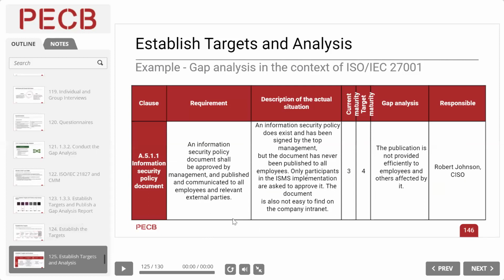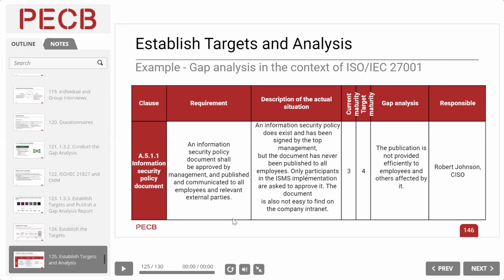So as part of the gap analysis report, we look at the requirements, we describe the current situation, we indicate the current maturity level, and then we indicate the target maturity level.